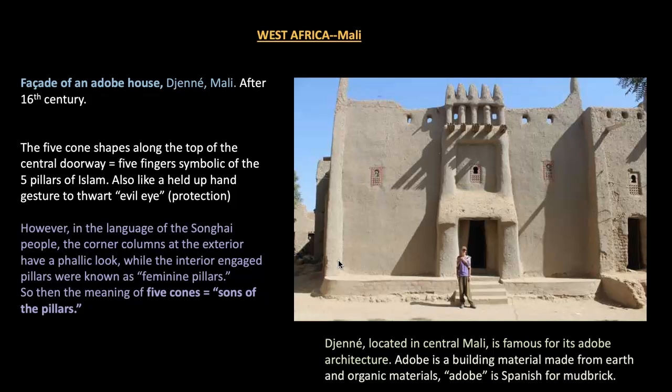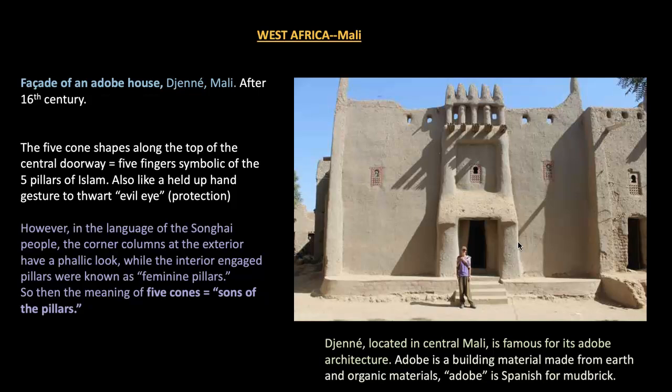That is interpreted to be representative of the male aspect of the home, somewhat of a phallic look, while the interior engaged pillars that you see above this individual posing in front of the structure is meant to represent what they call the feminine pillars. And so that suggests, with the doorway into the home, the references to female anatomy, perhaps the birth canal.